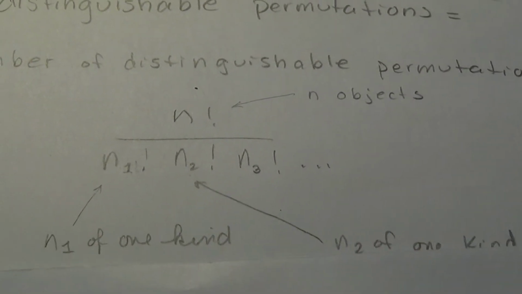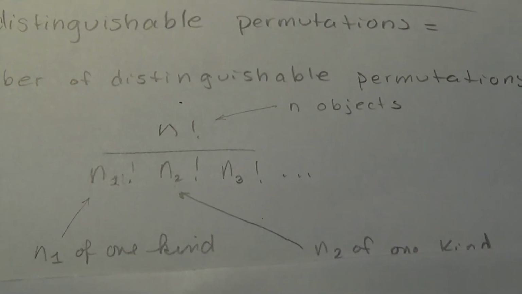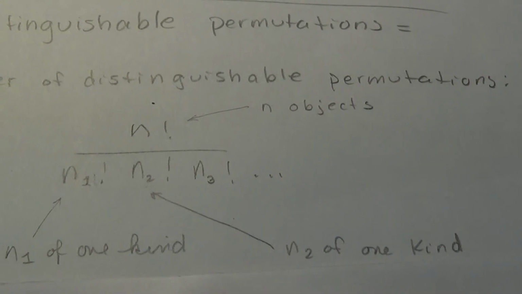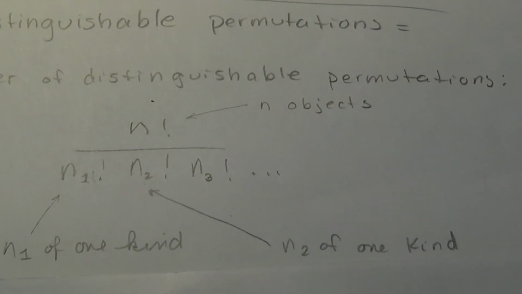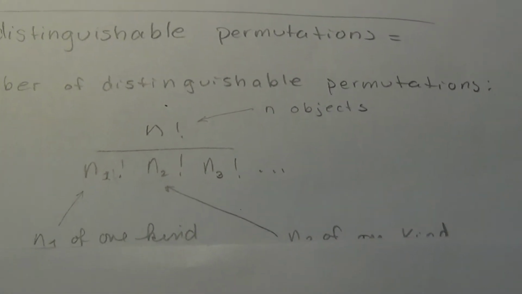What do these stand for? n sub 1 is how many of one kind we have, n sub 2 is how many of another kind, and so on.